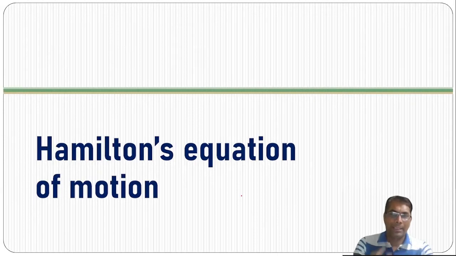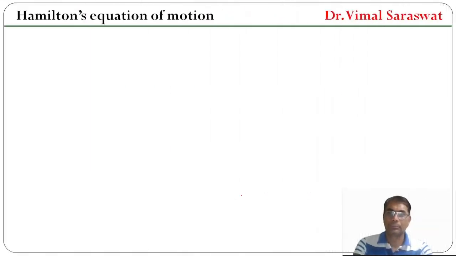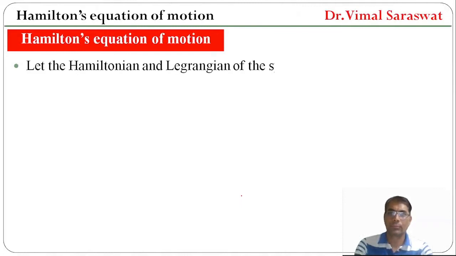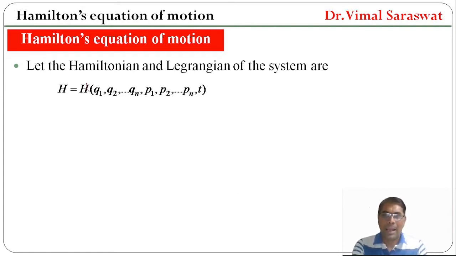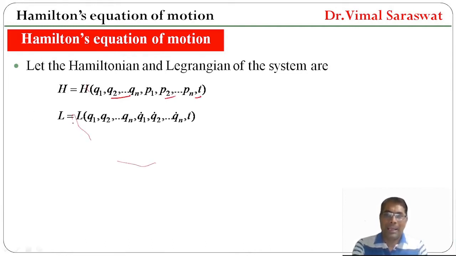Now, Hamilton's equation of motion. Let the Hamiltonian and Lagrangian of the system be: H is a function of q, p and t, and the Lagrangian L is a function of q, q dot and t. We have already mentioned that the Hamiltonian is a function of coordinate, momentum and time, whereas the Lagrangian is a function of coordinate, velocity and time.